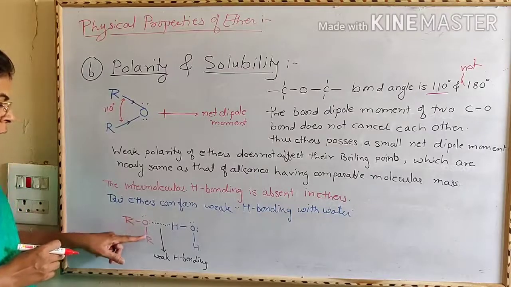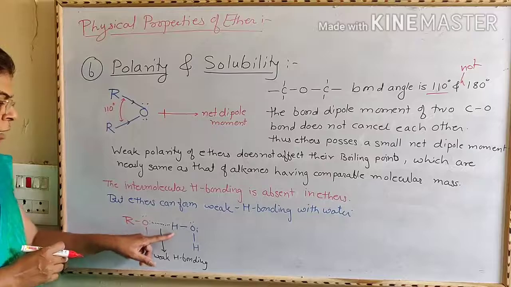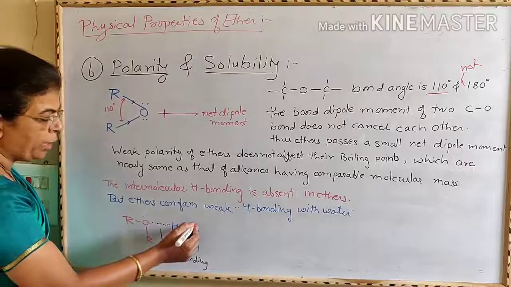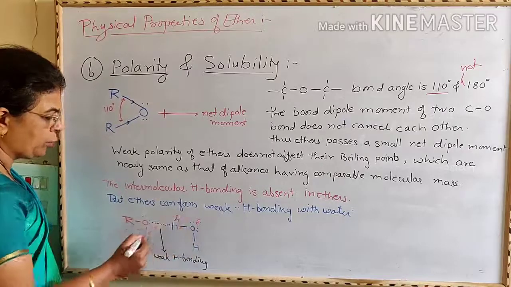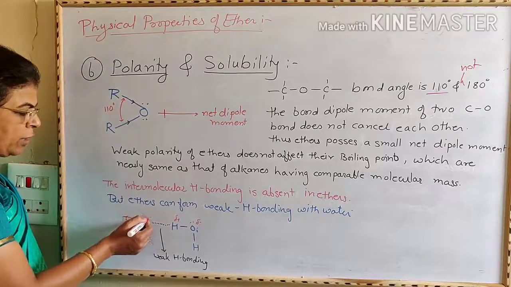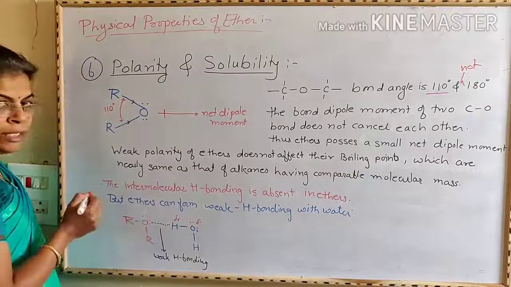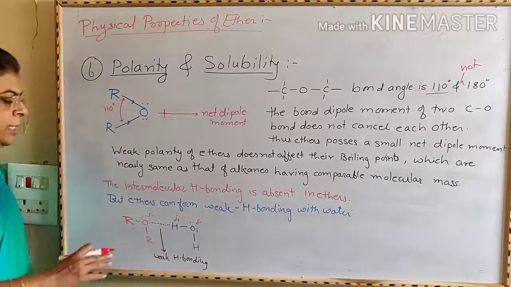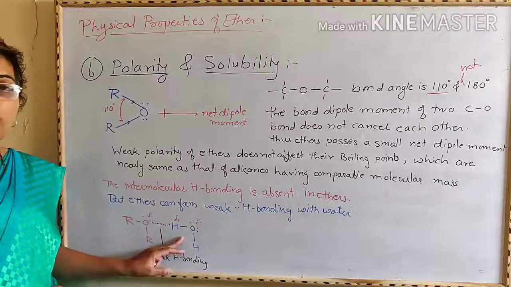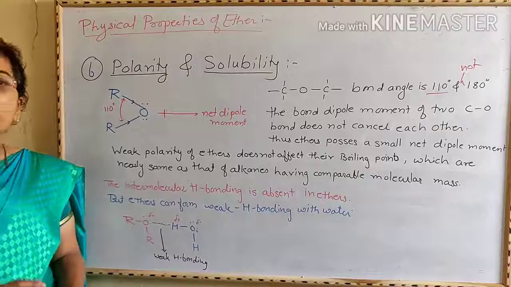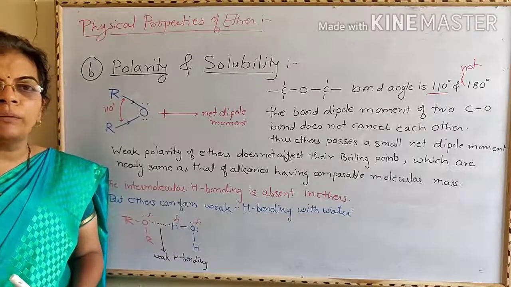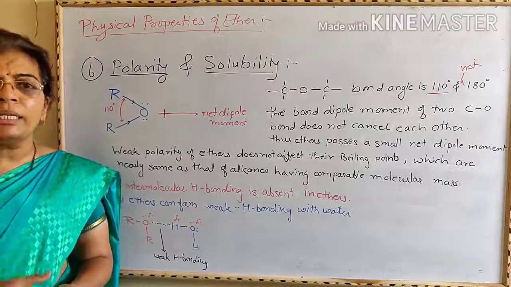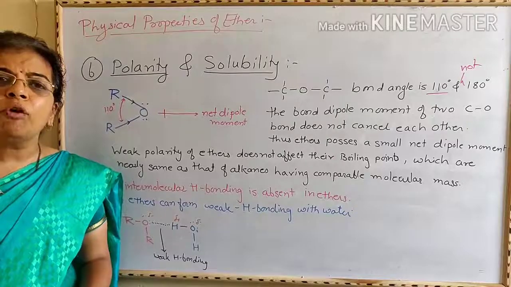Look here, this is ROR, that is ether linkage, and this is water molecule H2O. In H2O, the oxygen is negatively charged and hydrogen is positively charged, and here the ether oxygen possesses a lone pair of electrons, so it is also slightly negatively charged, and therefore they can form weak hydrogen bonding. That is, ethers can form weak hydrogen bonding with water molecules. Therefore, lower ethers are miscible with water, but as the molar mass increases, the solubility of ethers in water decreases.